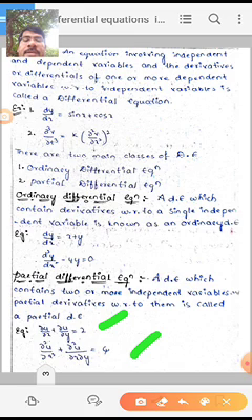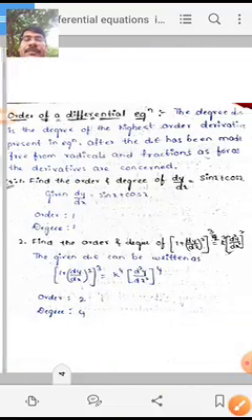In these two examples, x and y are independent variables and u is the dependent variable. Since more than one independent variable is there, we say this is a partial differential equation. An ordinary differential equation is denoted by d, and partial differential equations are denoted by dou.